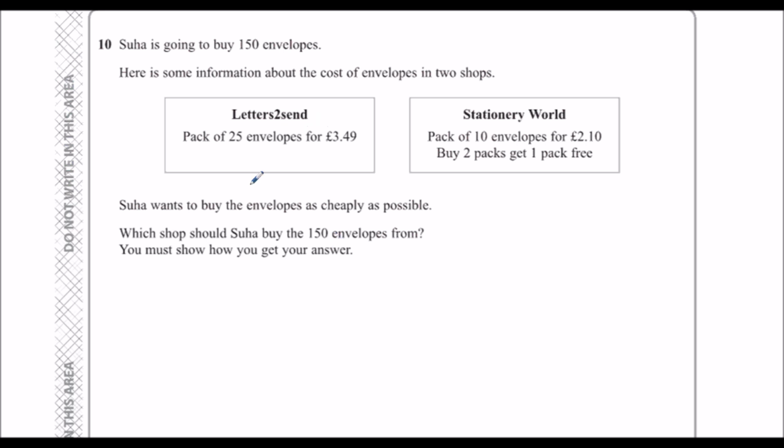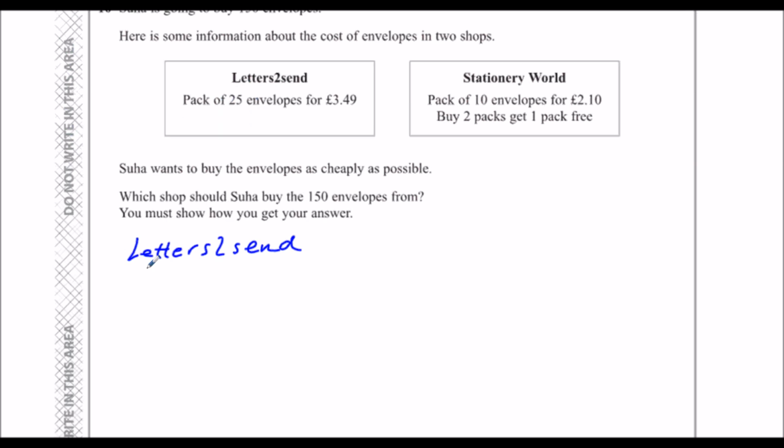So, if she's going to Letters to Send, we want to buy 150 envelopes. They're sold in 25s. So how many 25s make 150?